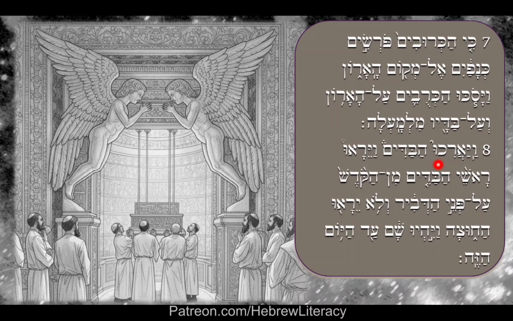Vaya'arichu habadim, vayira'u rashei habadim min hakodesh al penei hadvir velo yira'u hachutza vayihyu sham ad hayom hazeh. Vaya'arichu, aleph resh kaf, and they arranged, habadim, the poles.